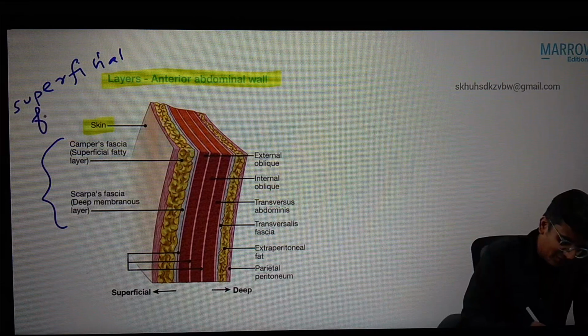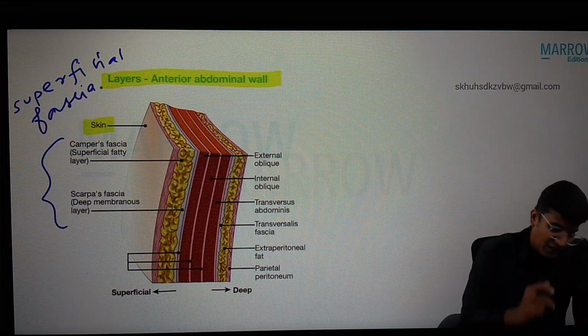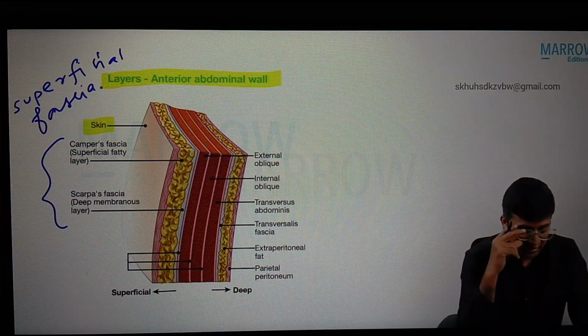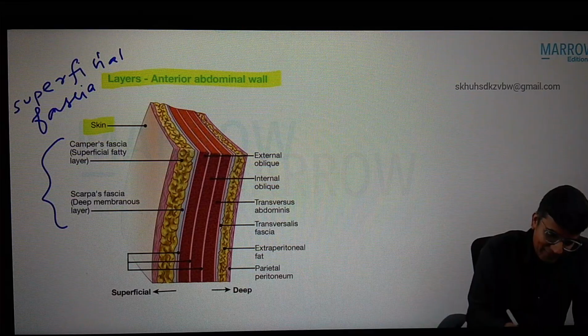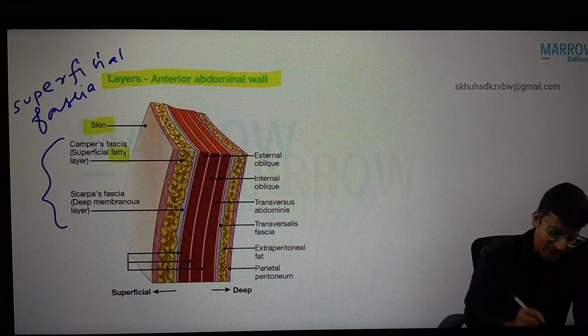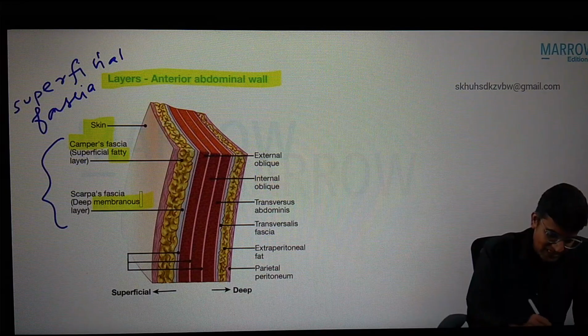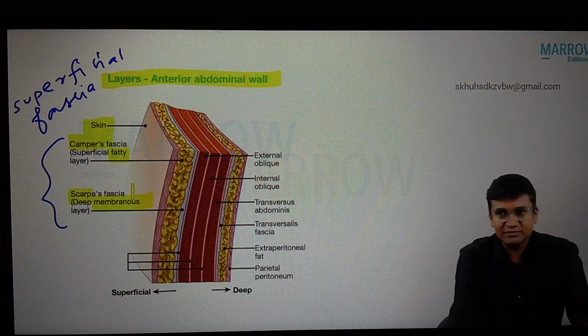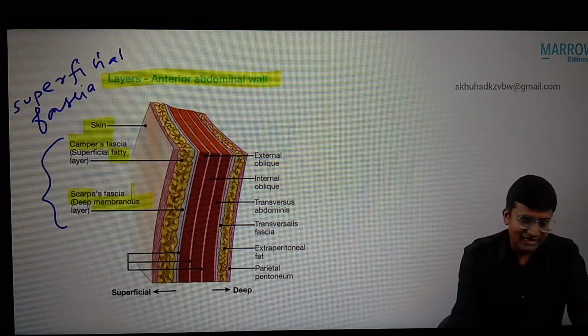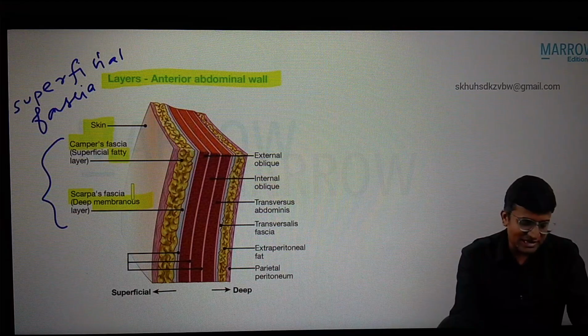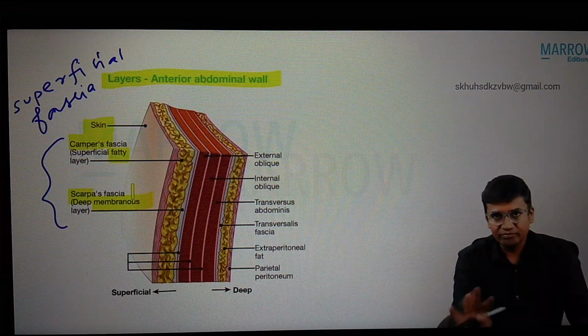Superficial fascia has two layers, fatty layer and membranous layer. Fatty layer is called Camper's fascia. Membranous layer is called Scarpa's fascia. Clear?